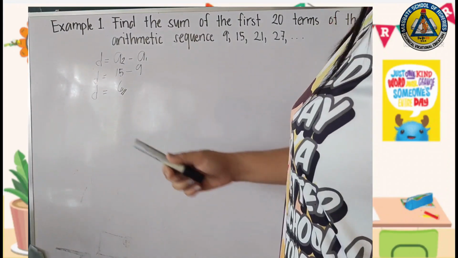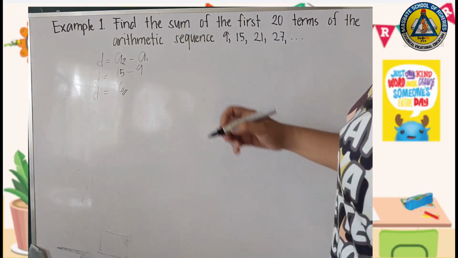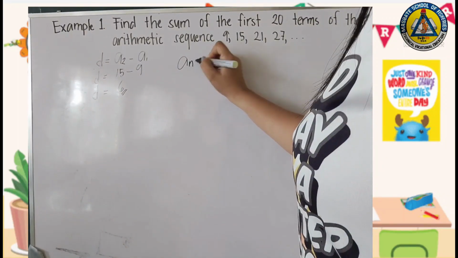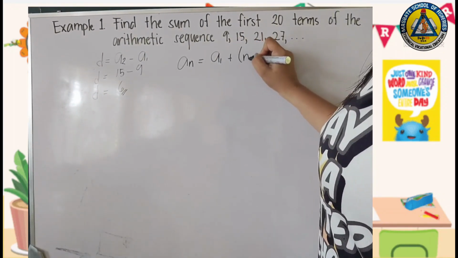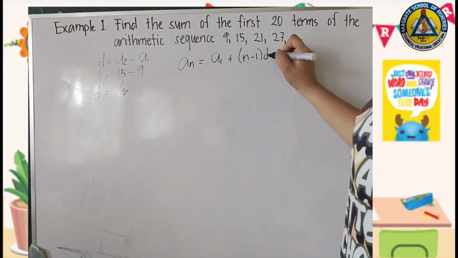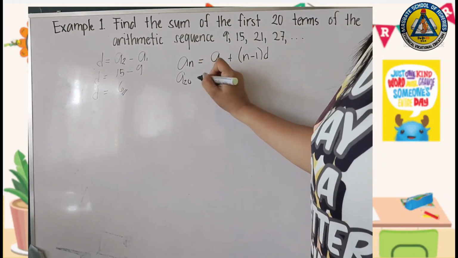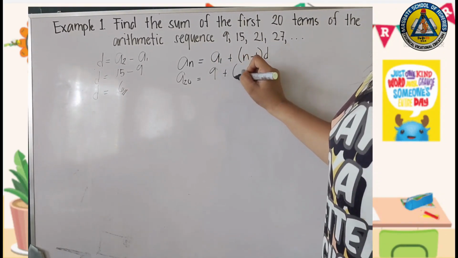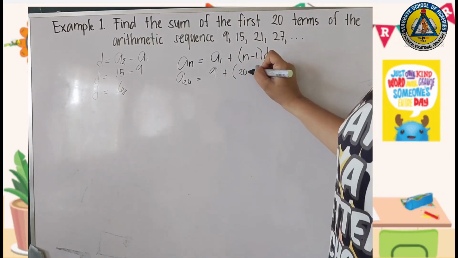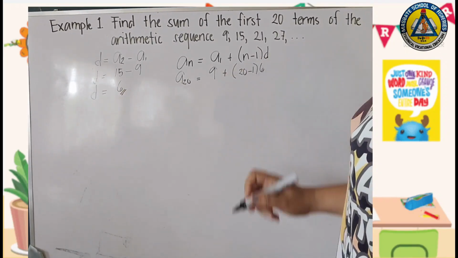Since we already have the common difference, we can now solve for the 20th term, given by the formula a sub n equals a sub 1 plus n minus 1 times d. So, the 20th term is a sub 20 equals, the first term is 9, plus n is 20 minus 1 times the common difference, which is 6.